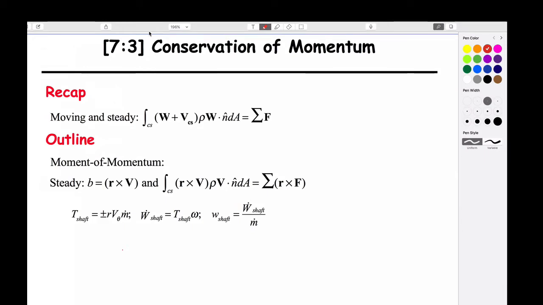And so the first part is maybe to deal with this. So we'll talk first about linear momentum, which is this.